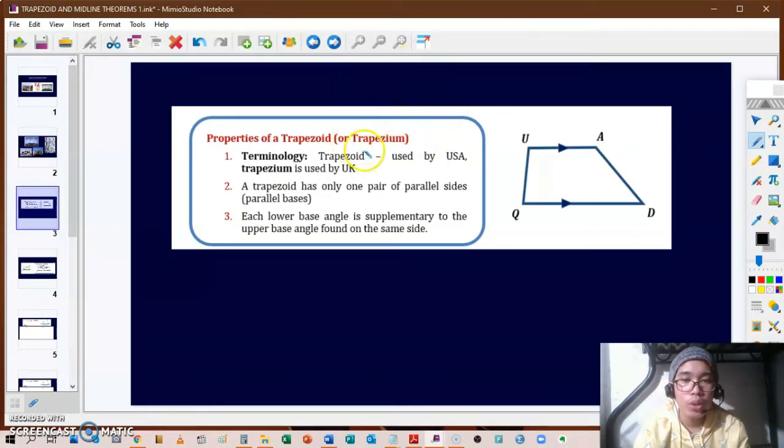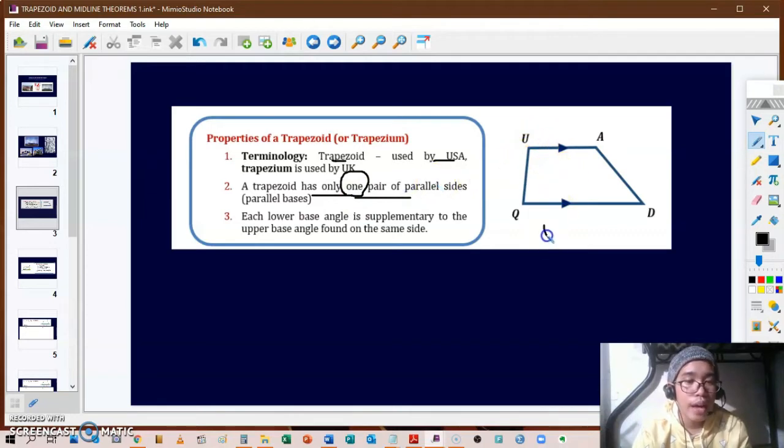We have here the terminology for the USA and also for the Philippines. Here in our country, we use the word trapezoid to describe any quadrilateral that has one pair of parallel sides. But UK countries, or those that still use UK English, use the word trapezium. Essentially, they're the same. A trapezoid is a quadrilateral that has one pair of parallel sides or parallel bases.